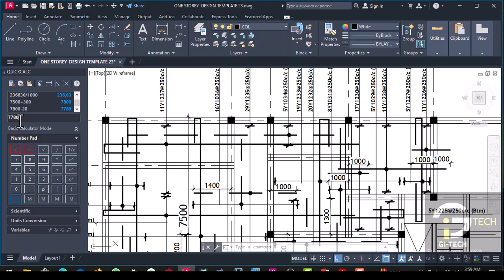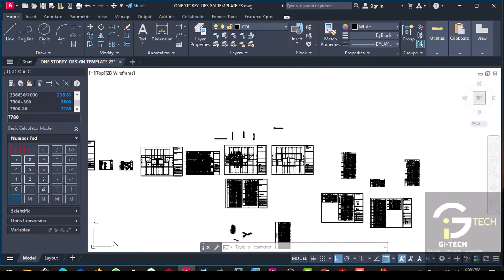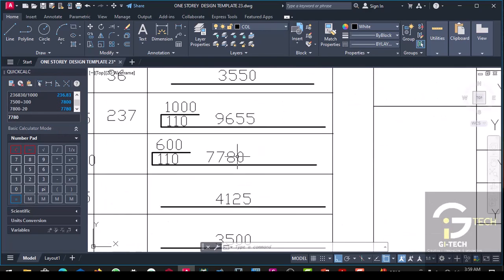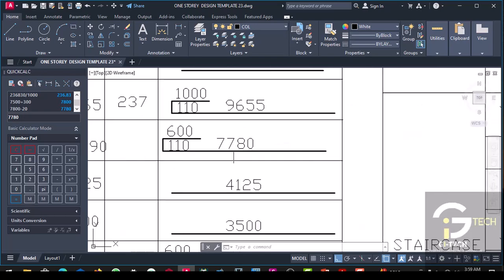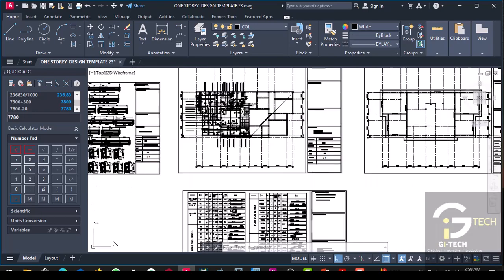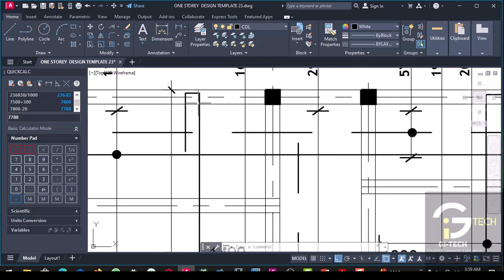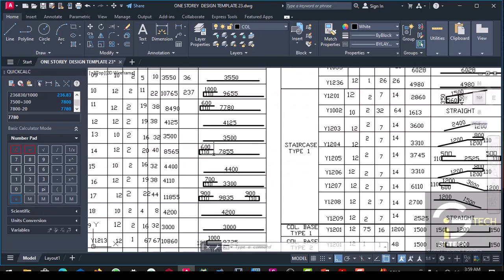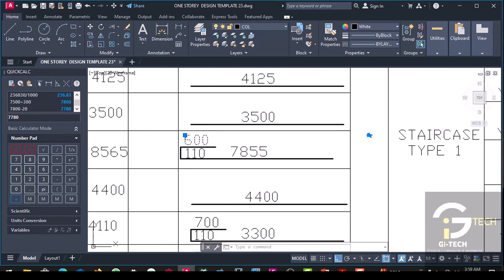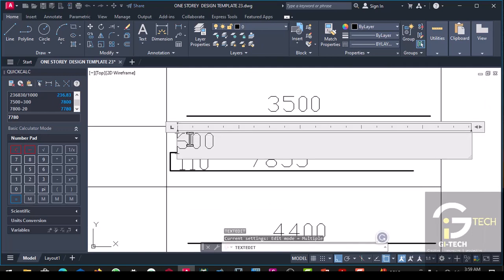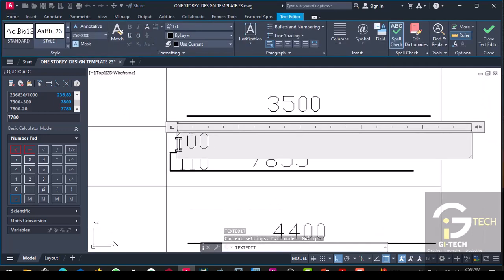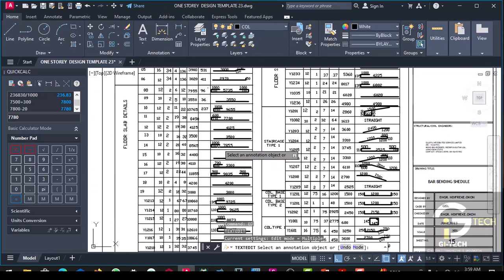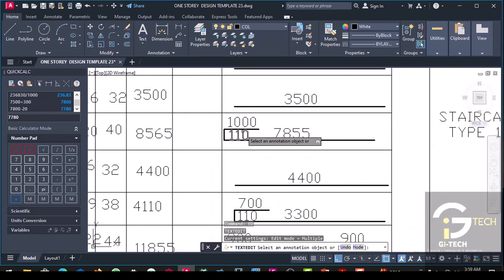This gives us 7780. So that's why we have 7780 here. The length of the returning bar, we adopted 1000, so here we will edit this to 1000. I think I've been able to explain this to us.